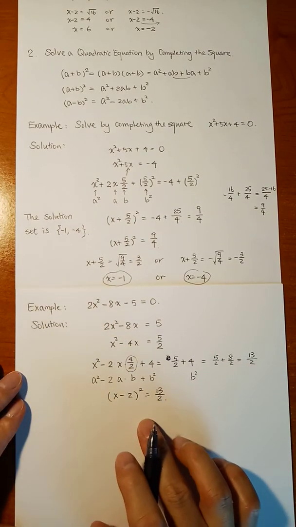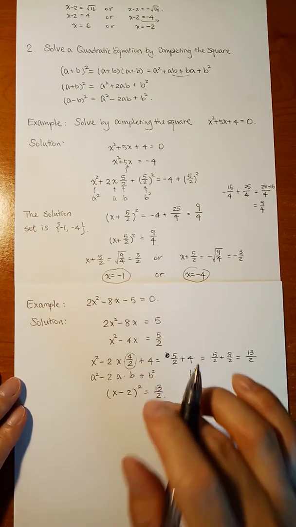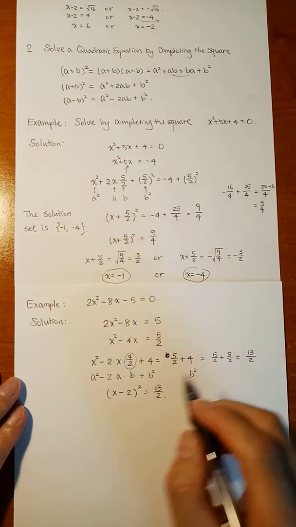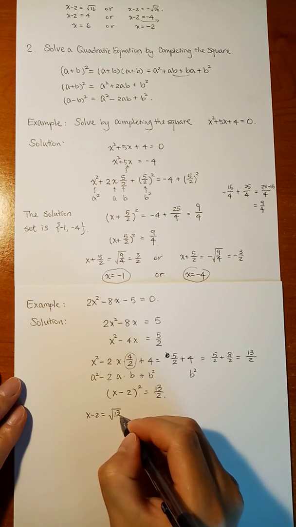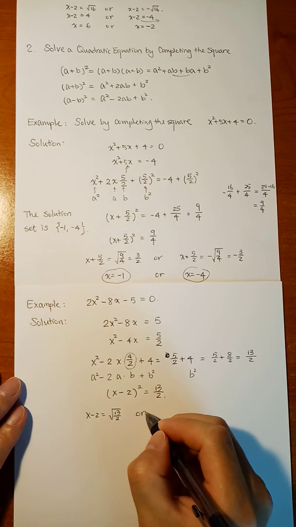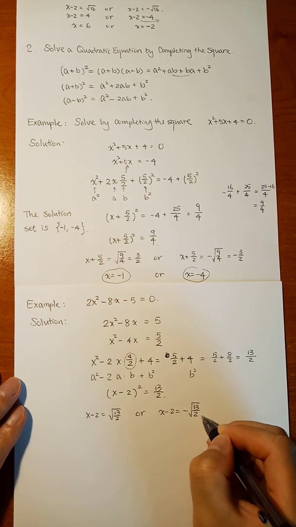Okay, so this is the form we like. We can take the square root of two sides directly, so we get x minus 2 is a positive square root of 13 over 2, or x minus 2 is negative square root of 13 over 2.